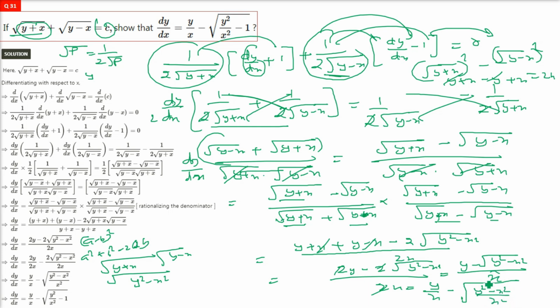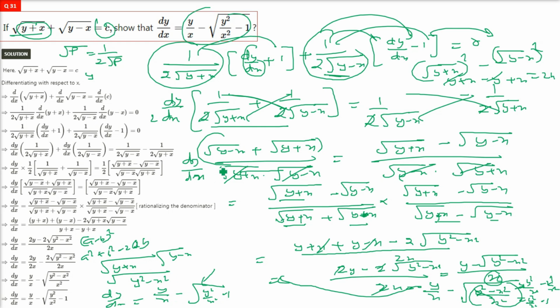Under root x square is actually equal to x only. So this is y by x minus, now this x square can be taken in the denominator for both terms in the numerator: y square by x square minus x square by x square. So y square by x square minus 1. And this is your final result which was expected. This is your answer.